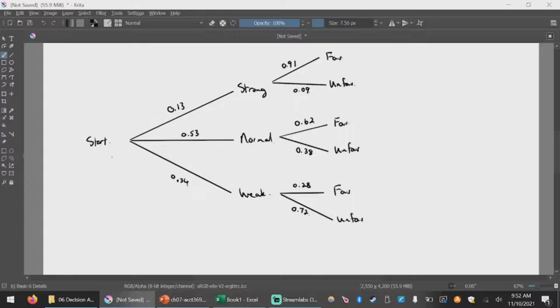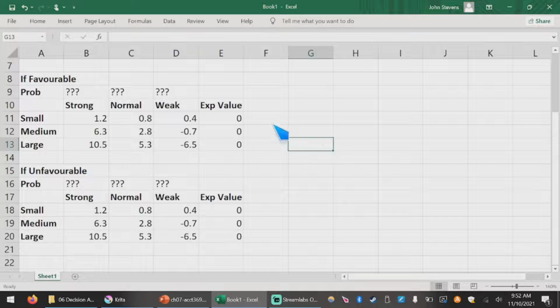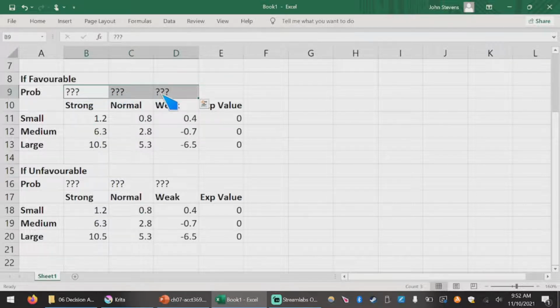So it's much nicer to have a tree with all these probabilities on. Now, what am I ultimately trying to find, for the purposes of figuring out, with the market survey and its two possibilities, what do I expect for the profit, really? I need these probabilities. What are these probabilities?